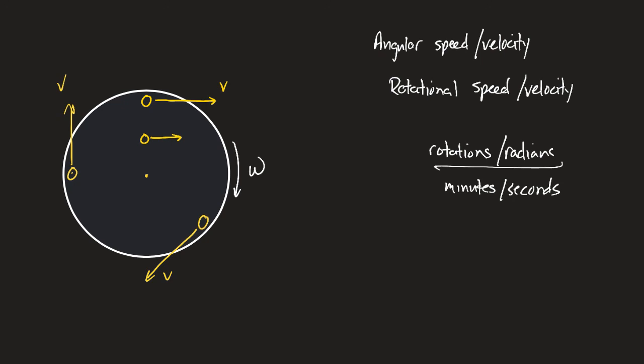Now, there is a way to convert from linear speed to angular speed. And you already know what it is. It's the definition of circumference. Linear equals angular times radius. That's the conversion.